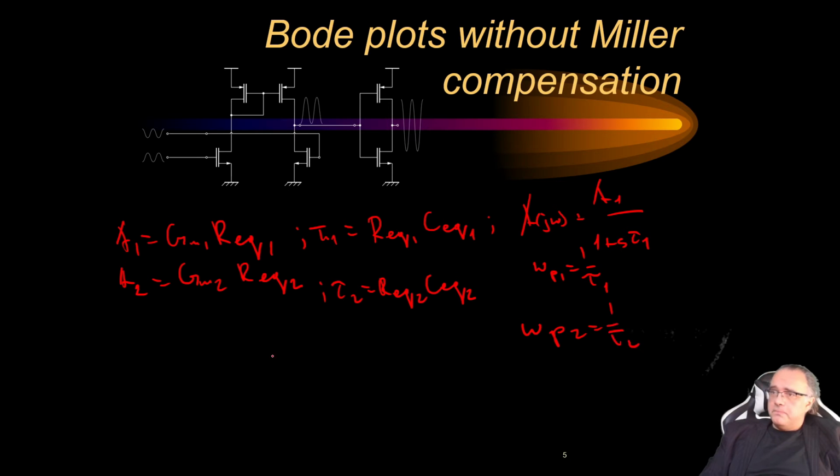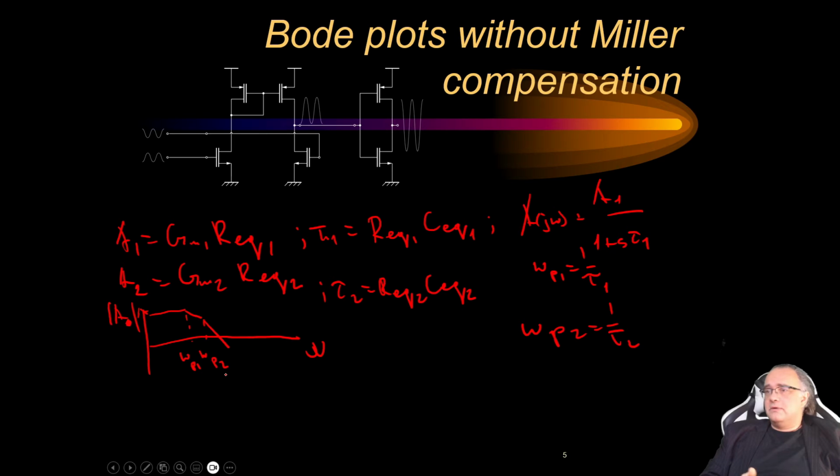Now the problem with the pole frequency is that the total gain in the frequency domain, with this as omega, will be something like this, where we have the frequencies omega p1 and omega p2, depending on how we design this.